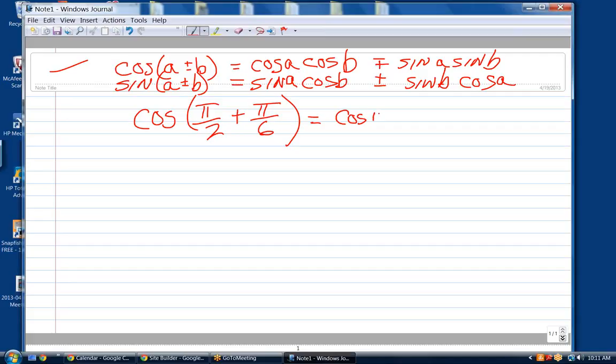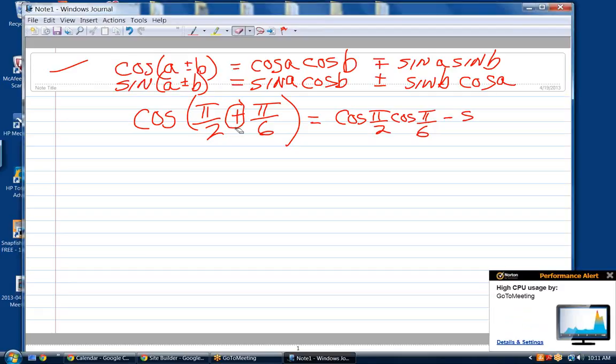Cosine of pi over 2 times the cosine of pi over 6 minus or plus. No, just minus, because we've got a plus there, so it's just minus. In other words, when I use plus and minus here, it means that covers two different situations. And the sign over here is always opposite for the cosine one.